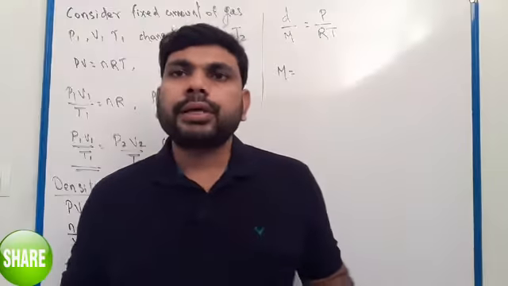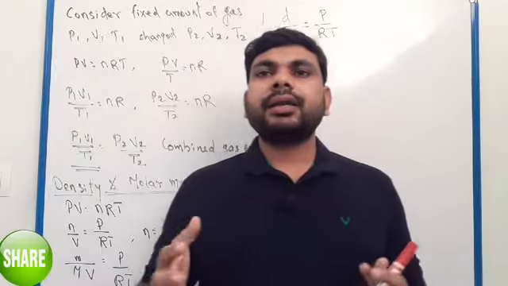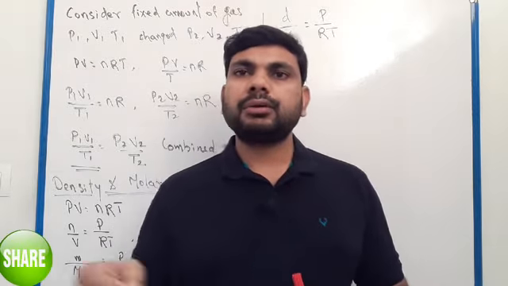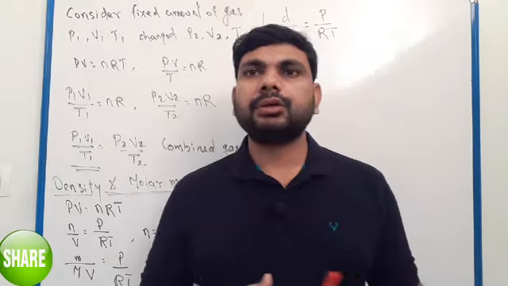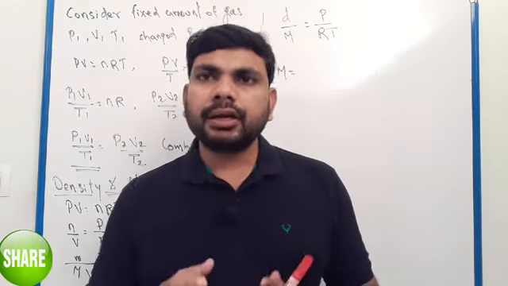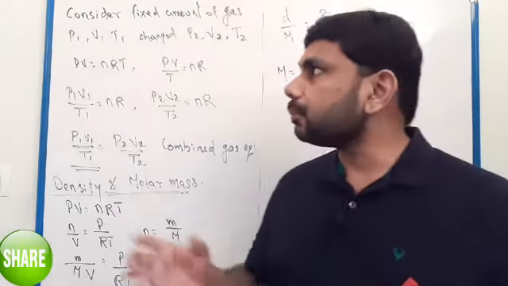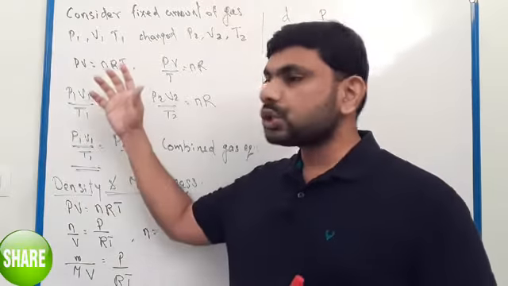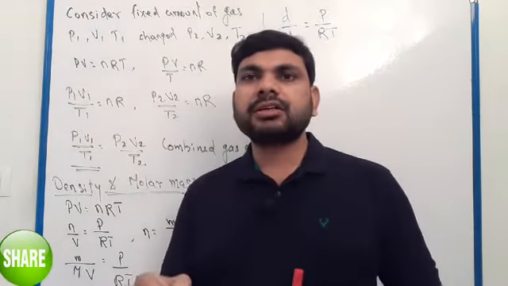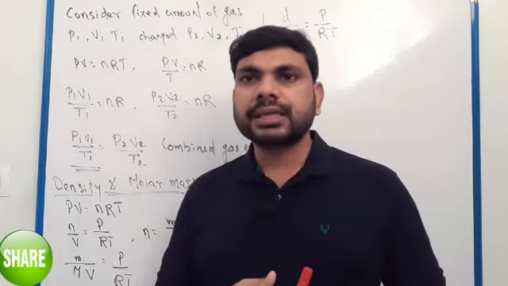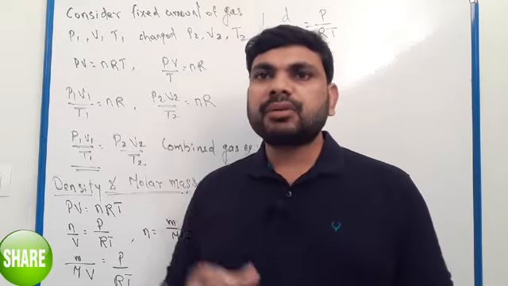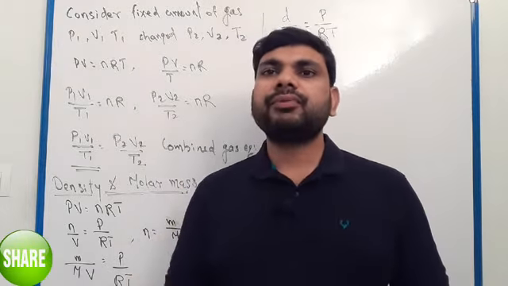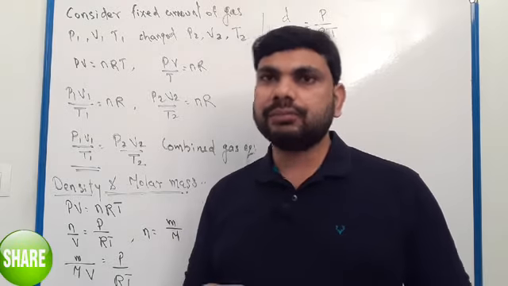So here we discussed the ideal gas equation. According to the ideal gas equation, PV equals nRT. Next, consider a fixed amount of gas with initial pressure P1, initial volume V1 and temperature T1.